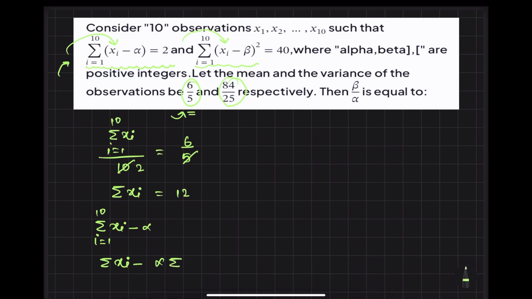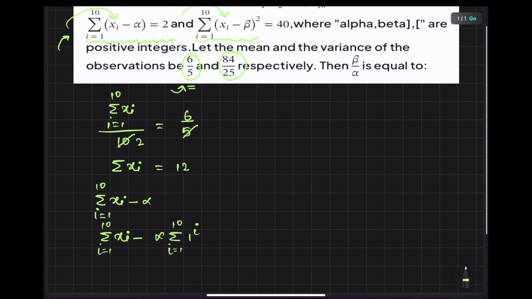So alpha will be taken outside, and to get rid of this summation I need to write 1 to the power i, with i from 1 to 10, and this divided by 10. No need to go with this because this is given, so we will solve separately. So this is equal to 2.